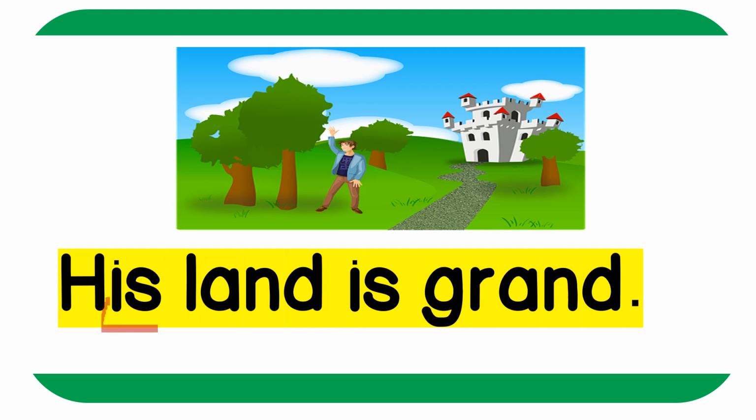Put the I and the S together. You have a small word. Remember the S at the end? We hear Z. Is. Let's make the sound for H now. Is. His. Good job. L, and, D. Can you remember this word also? We just did this word.